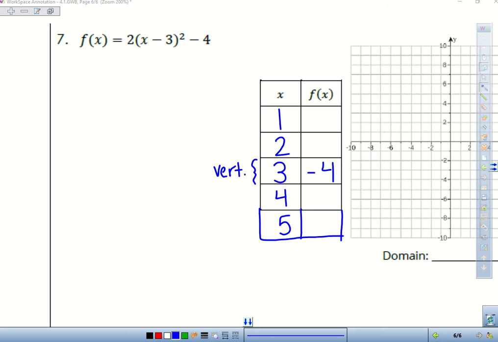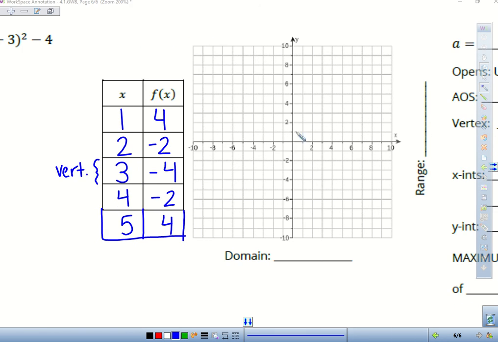Okay. So once we have our table, I'll go ahead and type in the x values that I want, which are going to be 1 through 5. I have that now, so I'll show you what they are. It's going to come out to be 4, -2, -2, and 4. Once you have those, you're going to go ahead and graph them.